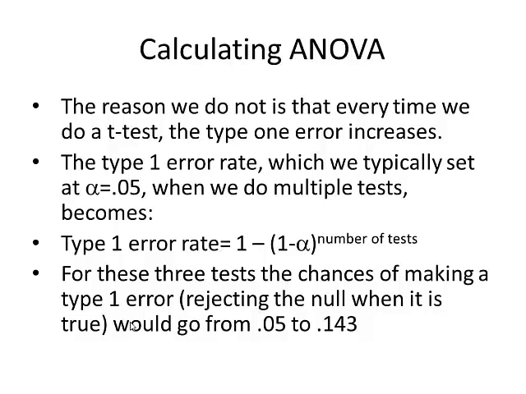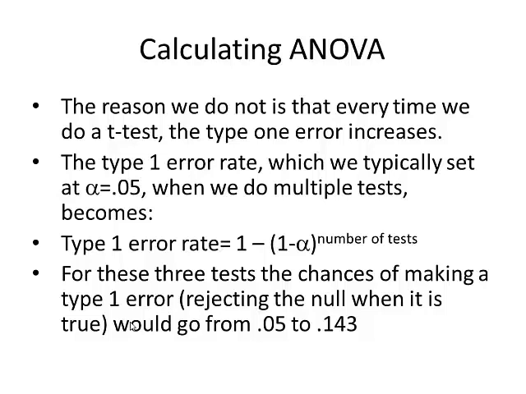We remember we talked about how we typically set alpha at 0.05, and if you do multiple tests on this data, then we would use this formula to calculate what our error rate would be. It's 1 minus (1 minus alpha) to the power of the number of tests that you do.